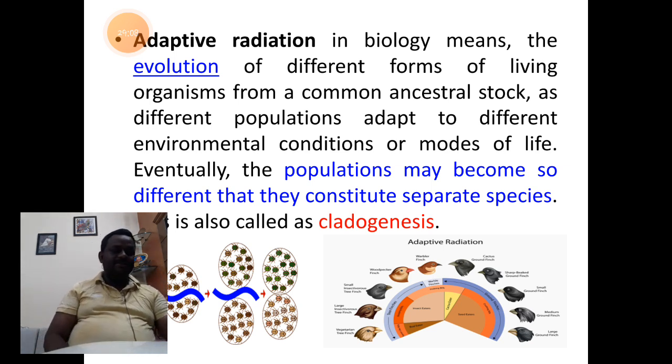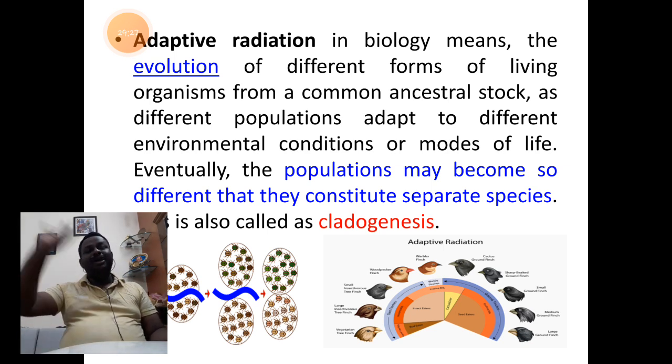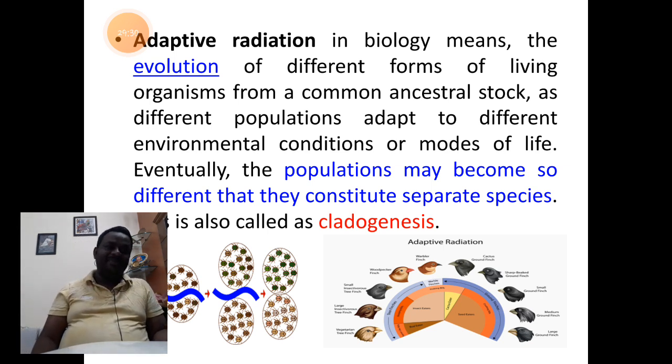These genetical changes are later inherited by the young ones and new species get formed. This process of new species formation is called cladogenesis. So they are totally different from that of the ancestors.